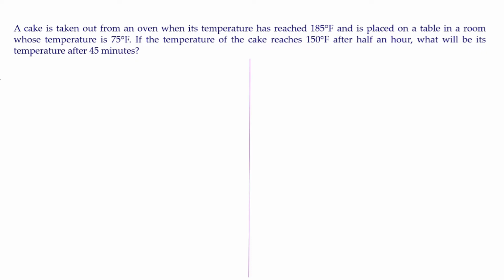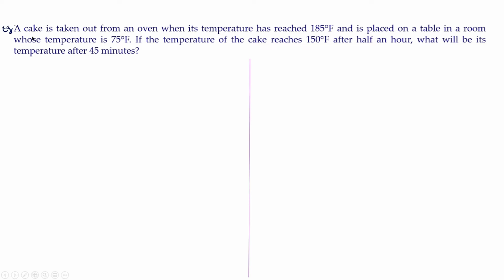Now here is an example using the same law. We will apply this law and find the answer for this question. A cake is taken out from an oven when its temperature has reached 185 degrees Fahrenheit and is placed on a table in a room whose temperature is 75 degrees Fahrenheit. If the temperature of the cake reaches 150 degrees Fahrenheit after half an hour, what will be its temperature after 45 minutes?